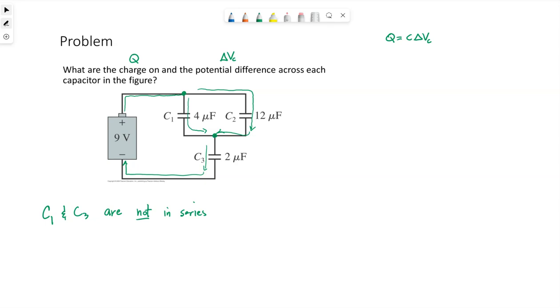Likewise, we can also say C2 and C3 are not in series. Sorry, I'm waiting for my computer to catch up.